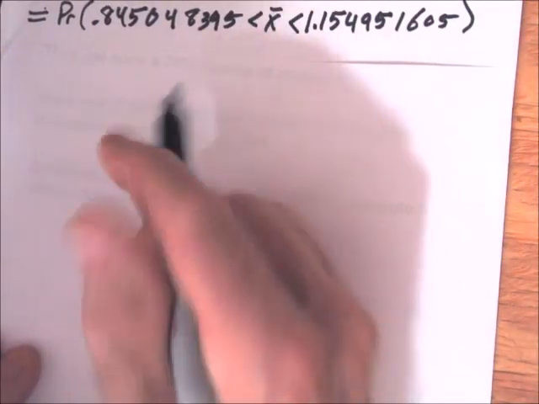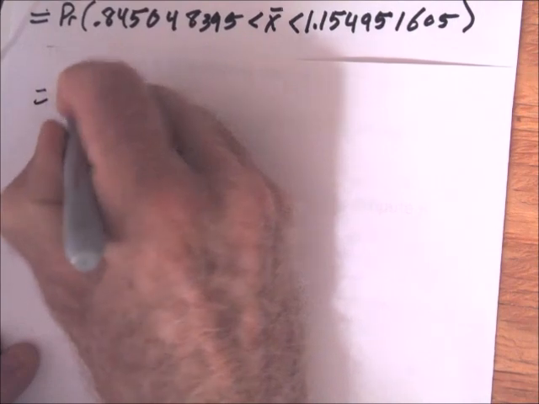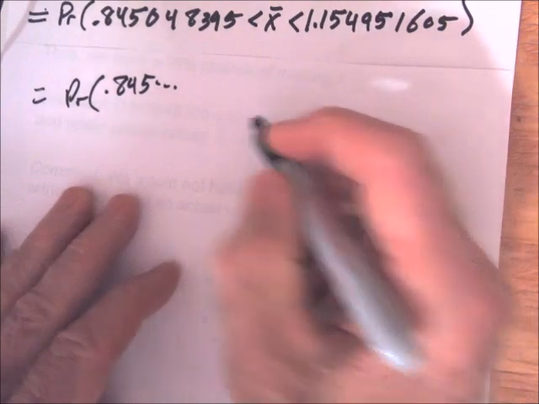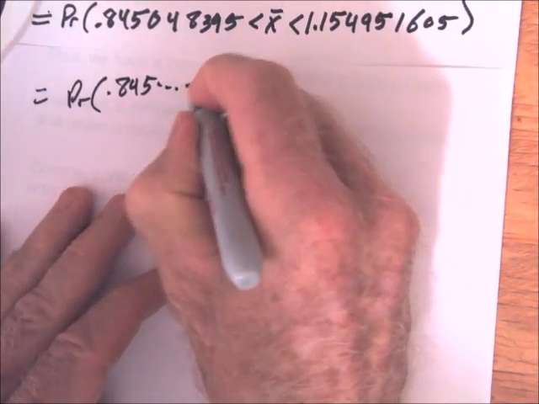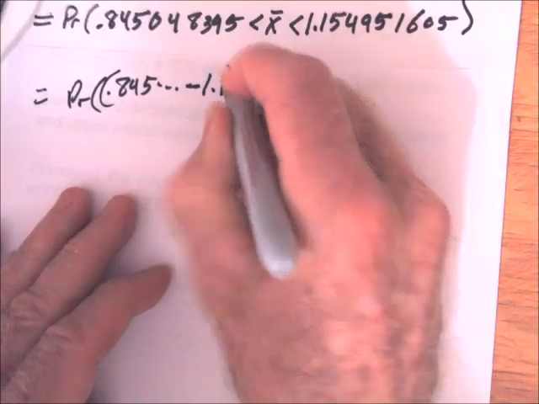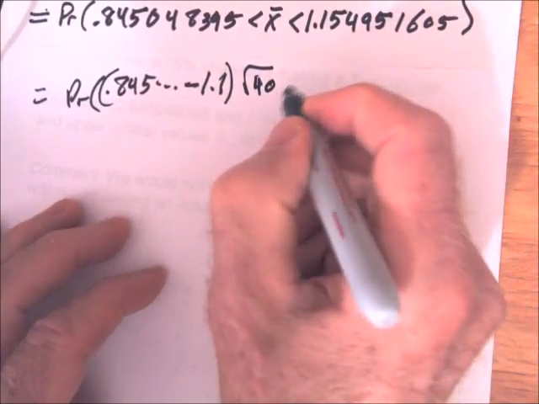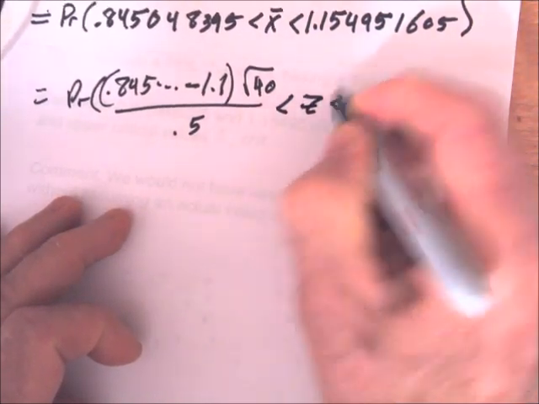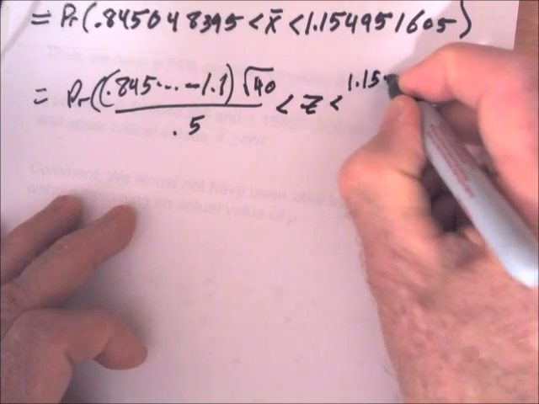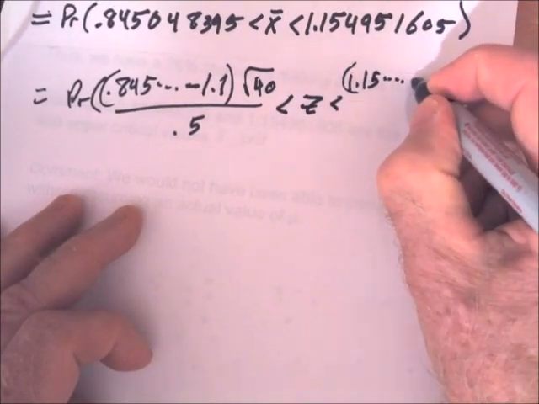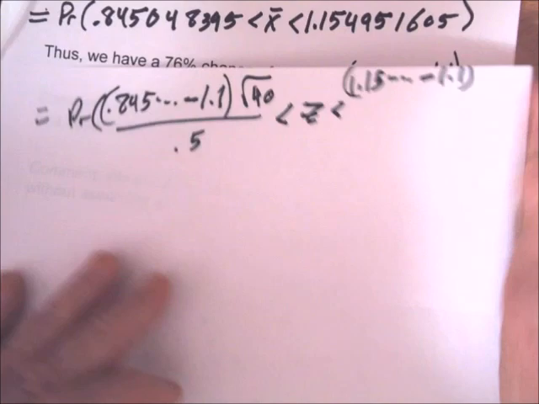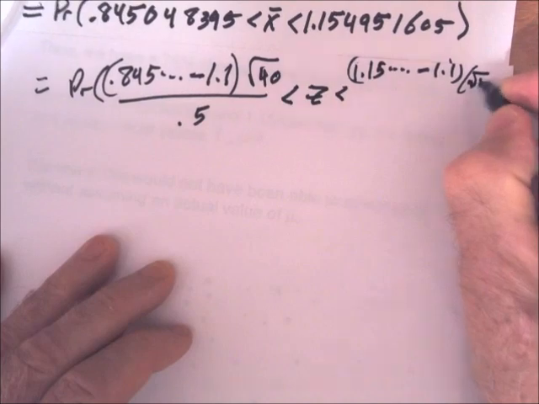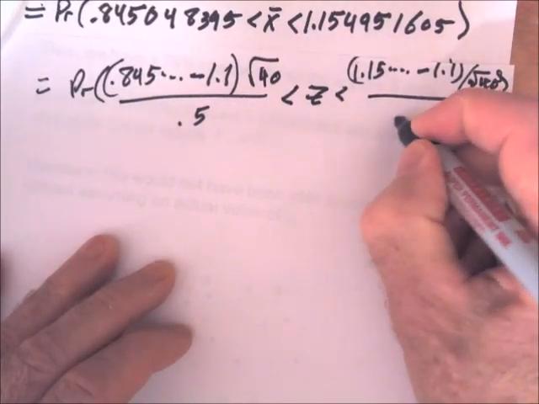So this is going to be the probability of the 0.845, etc., minus the 1.1 times the square root of 40 divided by 0.5 less than z less than 1.15 something minus 1.1 times the square root of 40 divided by 0.5. Okay.